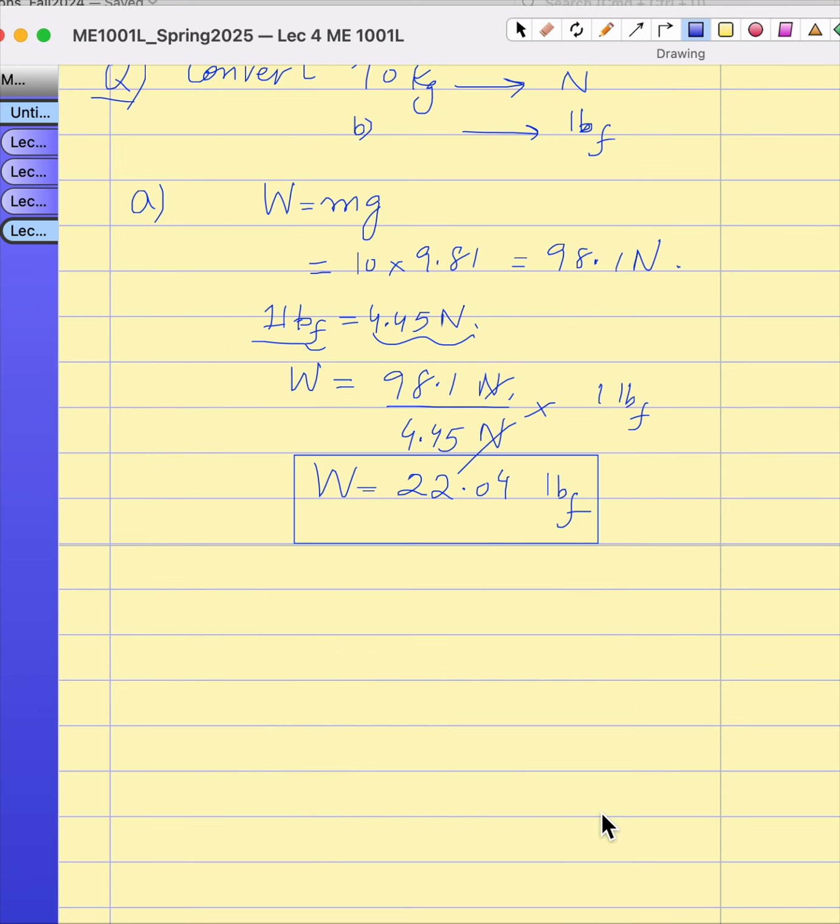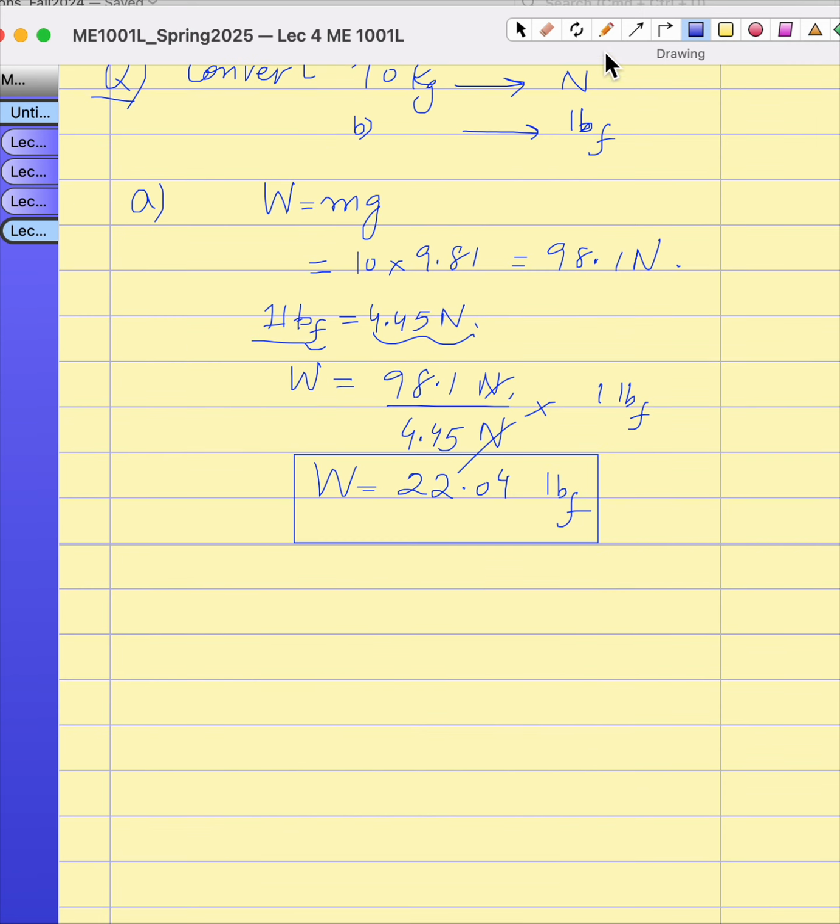But there is another way which I can show you. This is part B. Another way, I'm going to show you from the formula. W equals mass times gravity. Mass is 10 kilograms. So let's convert the 10 kilograms into slugs. As you know, 1 slug equals 14.6 kilograms.